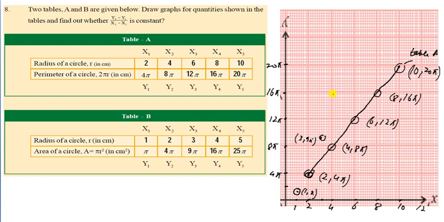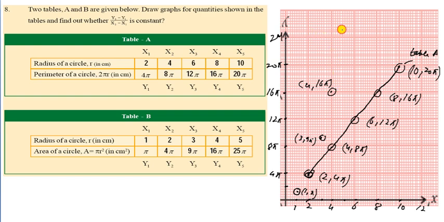So where is the 16 pi? You can see here, 4 to 16 pi. And now 5 to 25 pi. It is the 5, and for 25 pi you have to see here. Where is the 25 pi? It is 20, and the next one is 24, and the next one is 25.